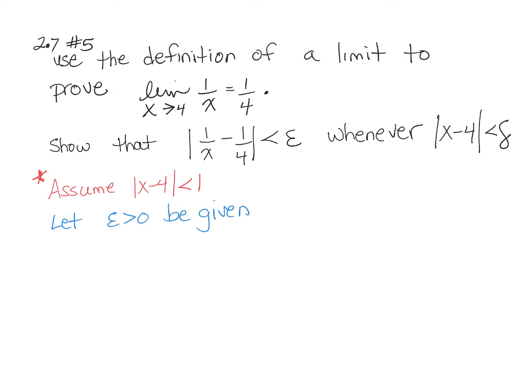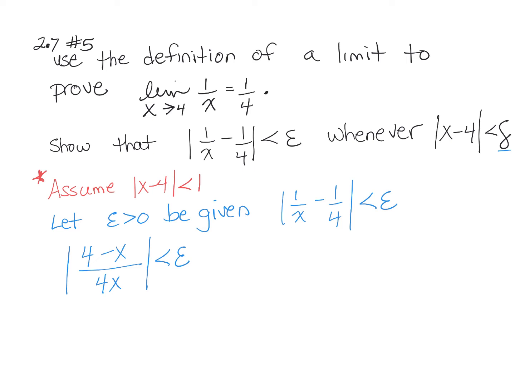This is our given epsilon, and we want to find the delta that relates to that epsilon. So we're going to start with this expression, and I'm going to get a common denominator of 4x. So I'm going to have the absolute value of 4 minus x over 4x is less than epsilon.